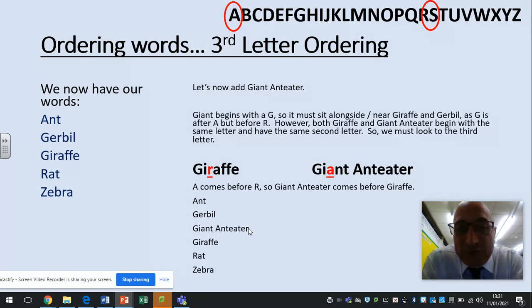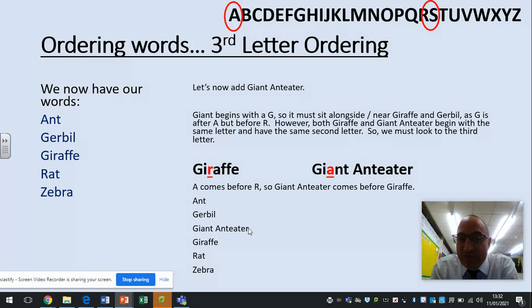Now let's have a go at introducing giant anteater. Now we only need the word giant to start us off with. So giant begins with a G, so it must again sit alongside or near giraffe and gerbil, as G is after A but before R. However, both giraffe and giant anteater begin with the same letter and have the same second letter as well. So therefore we have to look at the third letter in each word.